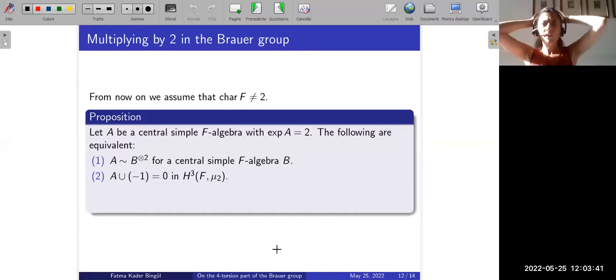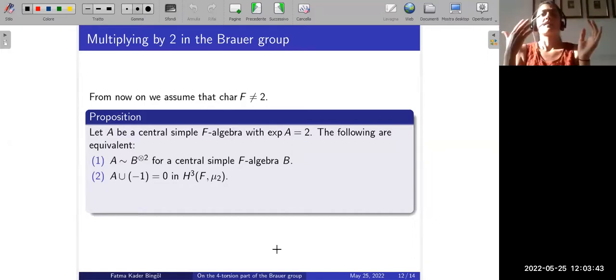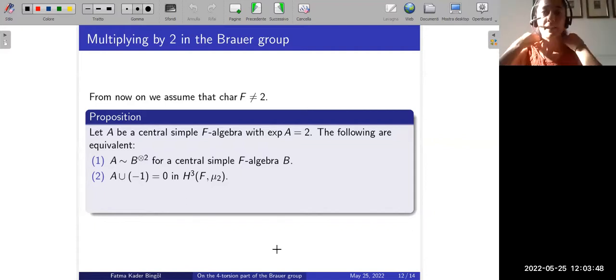A is equivalent to the tensor product of a central simple algebra B with itself, if and only if the cup product of A with -1 is trivial in the third cohomology group of the absolute Galois group with coefficients in μ2. Okay, so there will be another equivalence also, but let's concentrate now on this equivalence here.